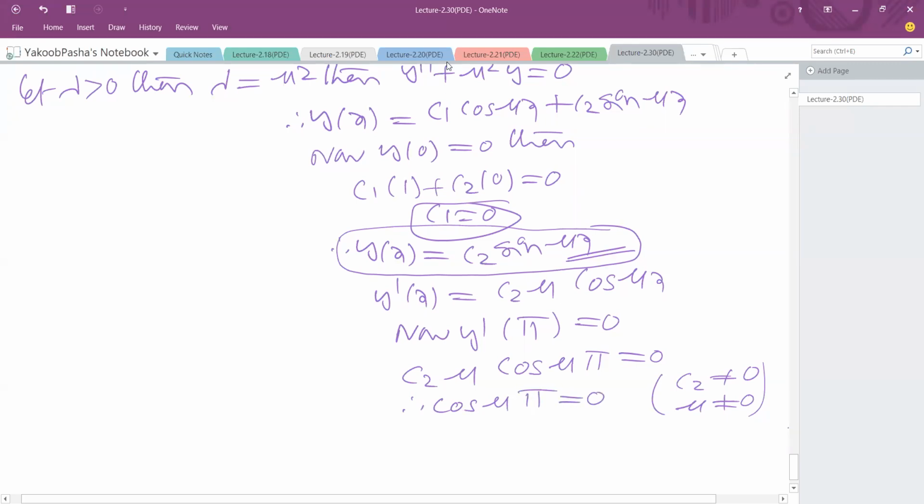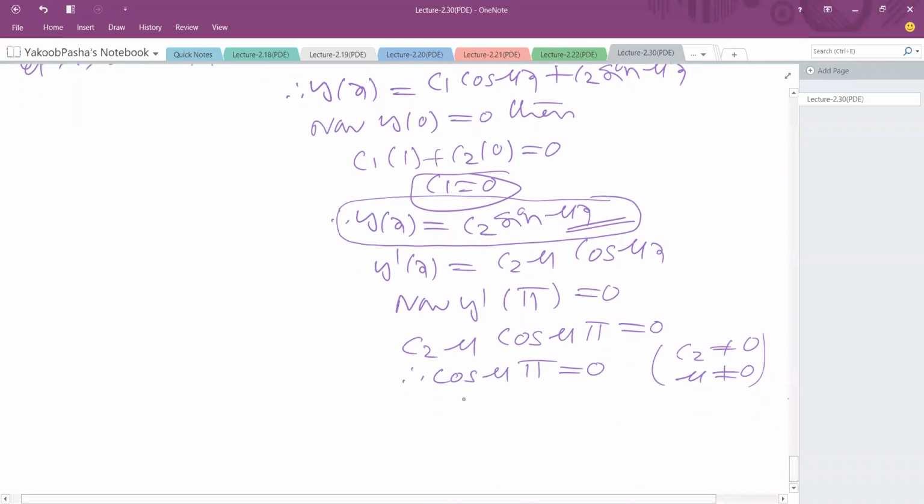So cos mu pi is equal to 0 means we can take mu pi equal to 2n plus 1 pi by 2. Okay, 2n minus 1 pi by 2 is also accepted.